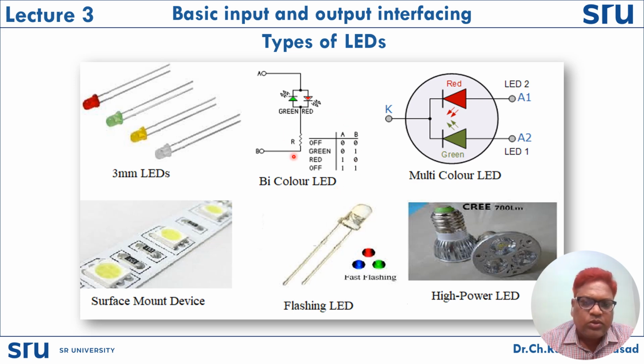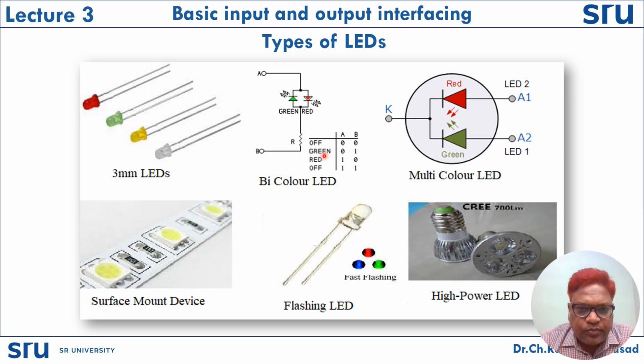They can produce two different colors, green as well as red, based on the inputs A and B. If inputs A and B are 0, 0, it is the off condition. With A and B equal to 1, 1, both colors are off, both LEDs are off.